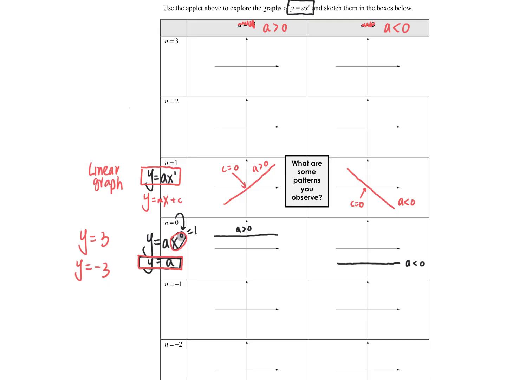Another one you have learned is this one. X squared. So remember when a is positive, it's a smiley curve. So this is a quadratic graph. So all these you have learned before. This one is nothing new. Then this one is the frowning curve.